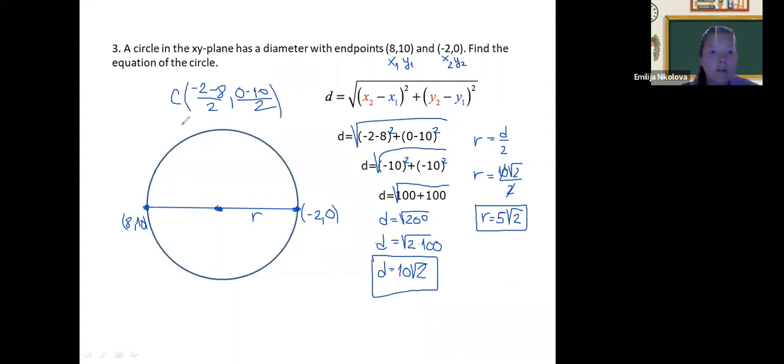So we'll find that the center will equal minus 10 divided by 2, that is minus 5, and the other one will be minus 10 divided by 2, again the same.